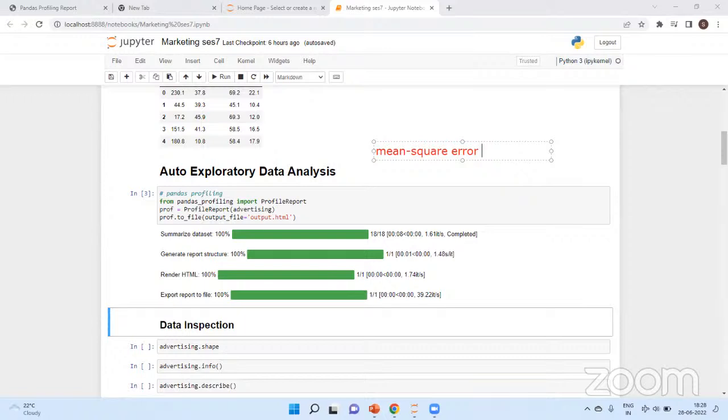Mean square error is also called MSE. MSE is calculated by measuring the distances of the observed y values from the predicted y values.